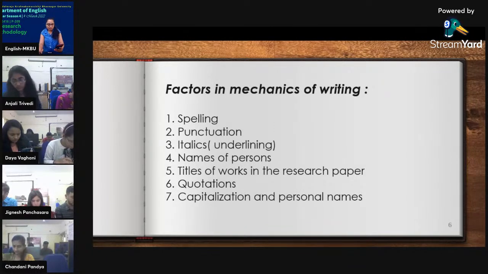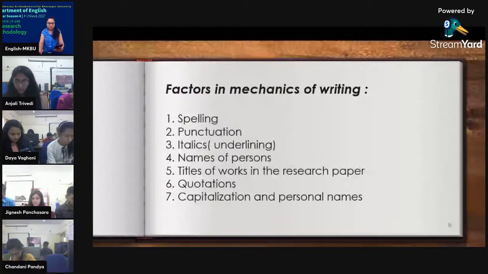Generally, titles of works must be underlined or italicized, such as the names of books, pamphlets, periodicals, films, radio and television programs when printed in the research paper.